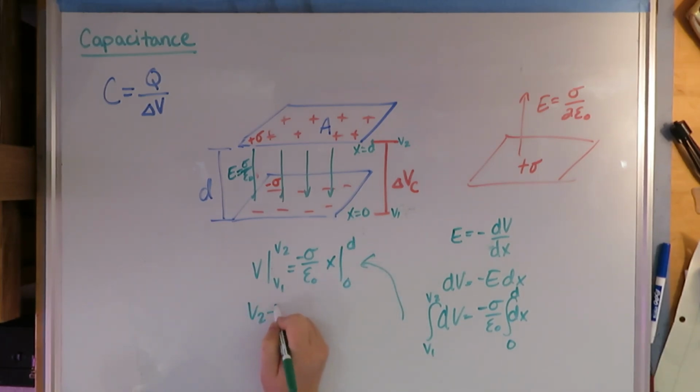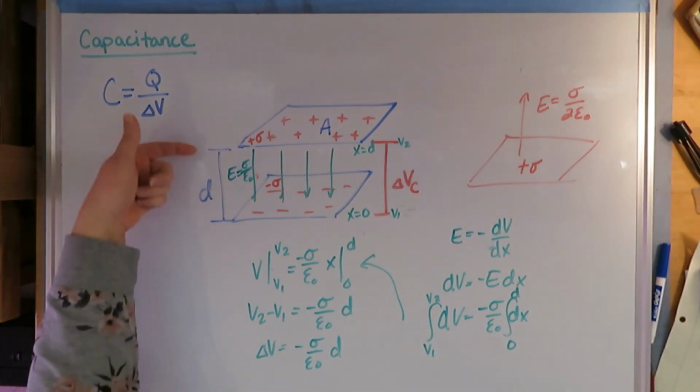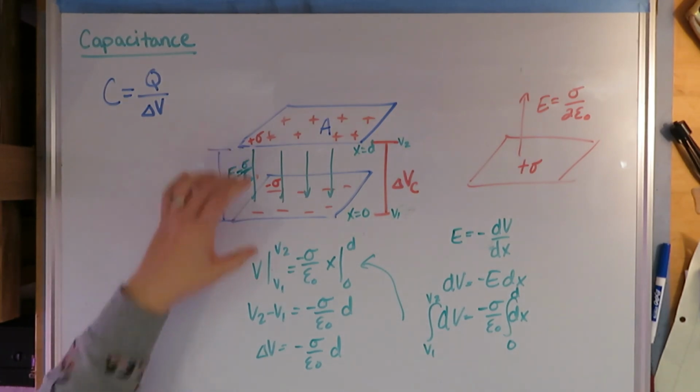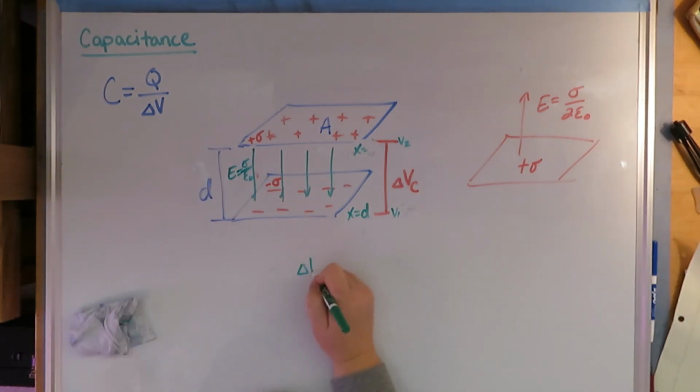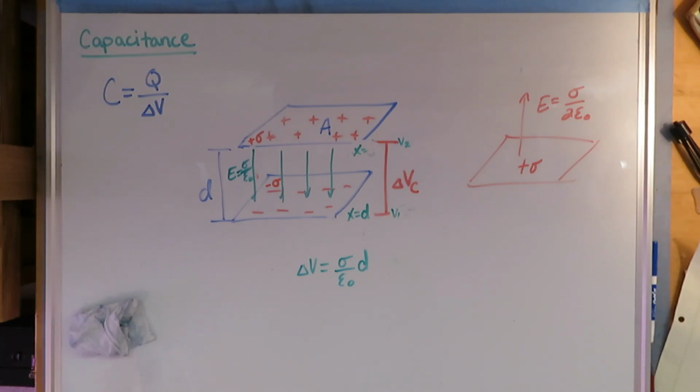So this is V2 minus V1, which is equal to negative sigma over epsilon naught times d. So I end up with delta V equaling negative sigma over epsilon naught times d, which just says that your potential is increasing in the opposite direction of the electric field.